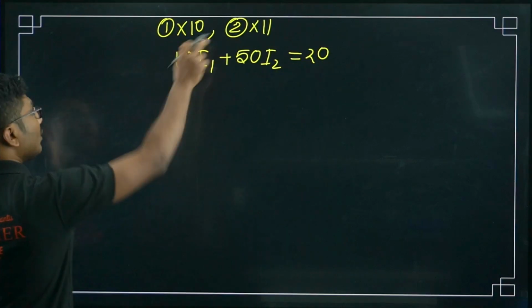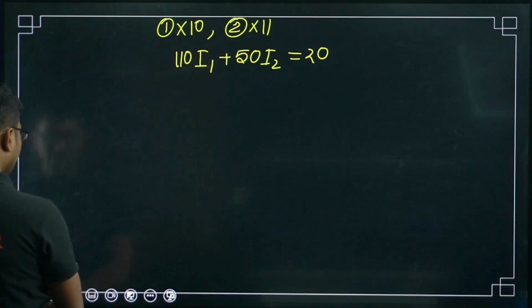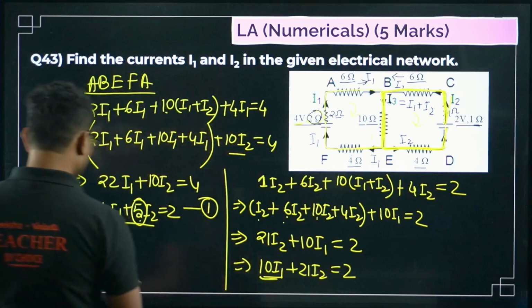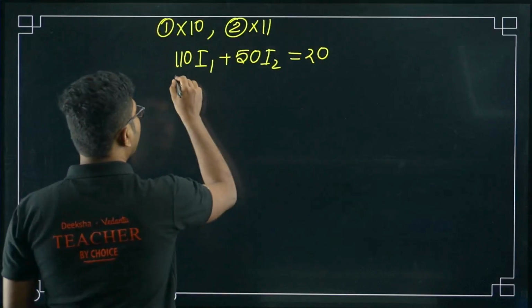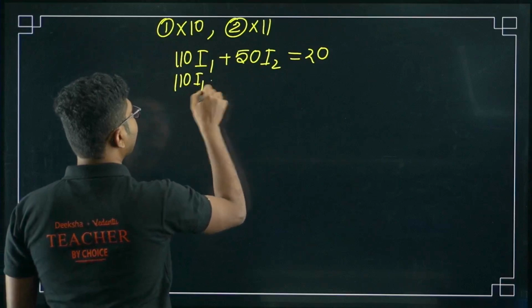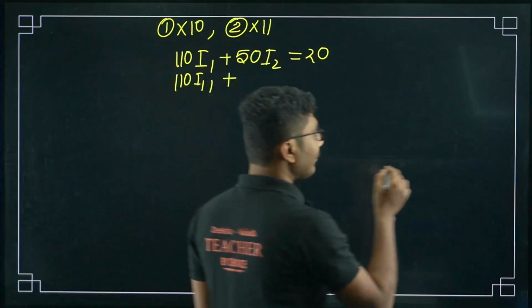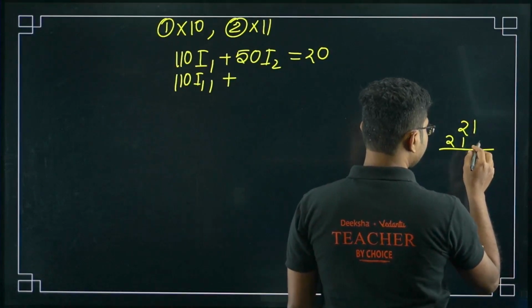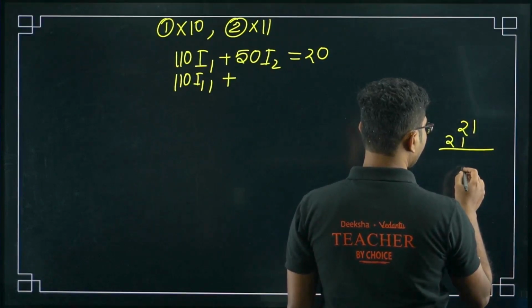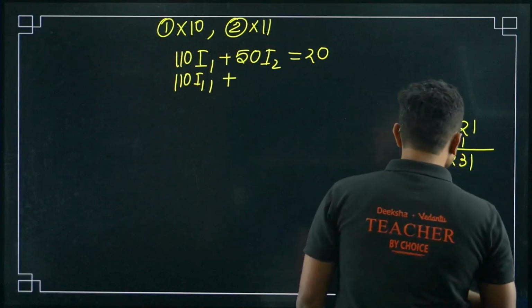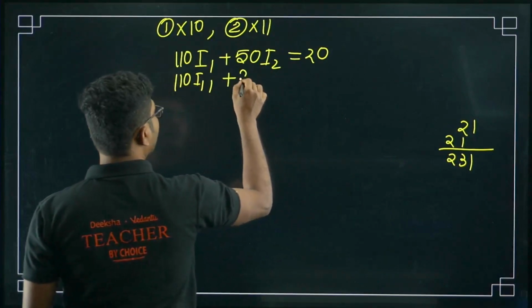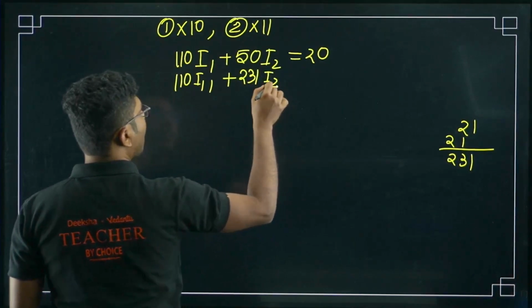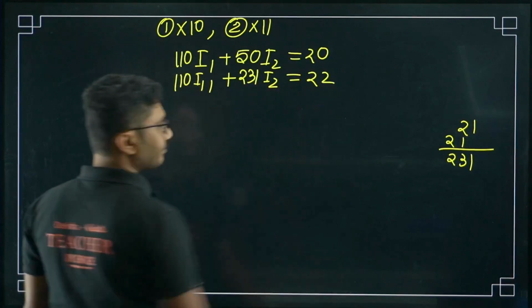And if you multiply equation 2 with 11, then what will you get? You will get 110 I1 and then 21 into 11, which is 231 I2, equals 22, right?